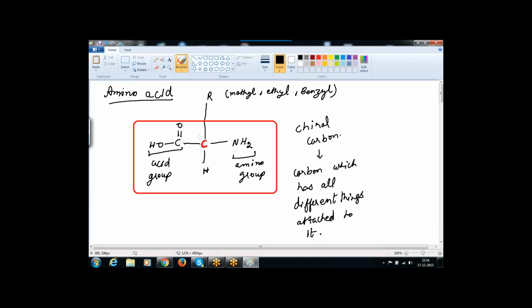Usually on a chiral carbon, we use a symbol like this, a star. So this is a chiral carbon. So presence of chiral carbon, presence of amino and acid group on the same carbon, these are the features of an amino acid. Is the structure of amino acid clear?